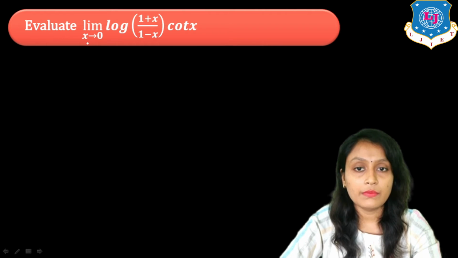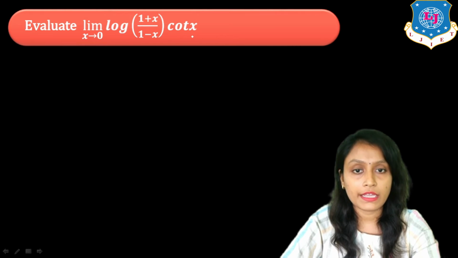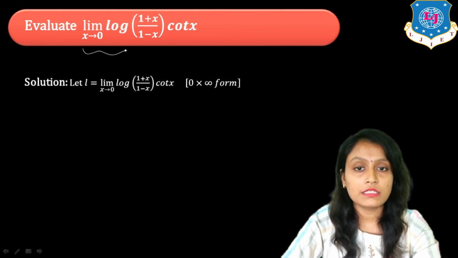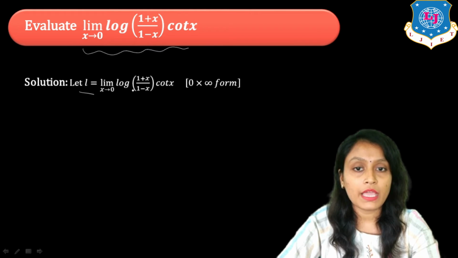Next example, evaluate limit x tends to 0 of log of (1 plus x upon 1 minus x) into cot x. So we will consider this limit as L. Okay, now if you substitute x is equal to 0 here, these two are 0, so you will get log 1, that is 0, and cot 0 is infinity, so you will get the form 0 into infinity.